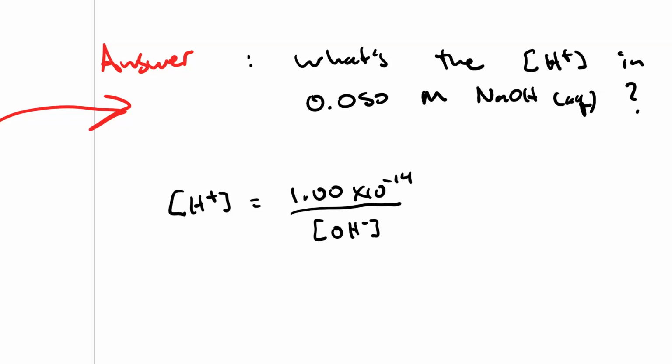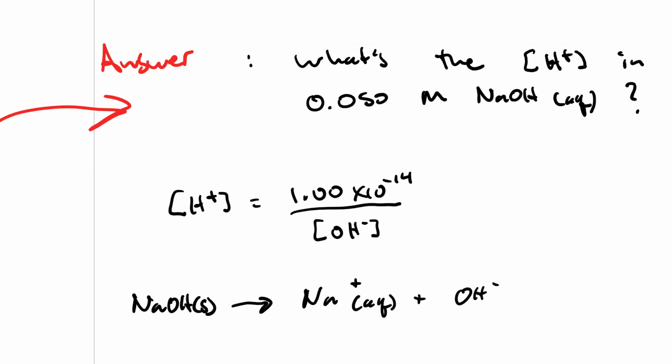Now, the hydroxide ion concentration, we get that from the solution concentration and the dissolution equation. So if you take sodium hydroxide solid, it's very soluble in water, and when you put it in water, you get a sodium ion and a hydroxide ion. Just one of each.